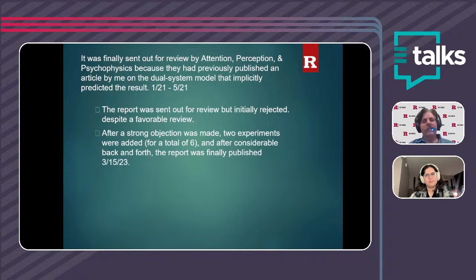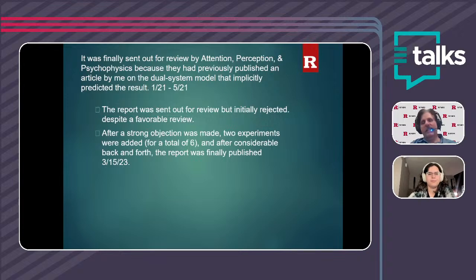We don't have to go into this, but after a lot of back and forth, two additional experiments were added that showed the editor's objections were not valid at all. And eventually the report was finally published.